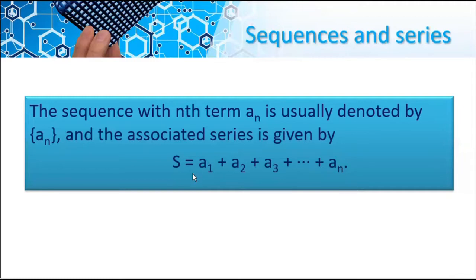So since we use plus sign in every sequence, pwede natin sabihin na ito ay isa nang series. Kaya ang ginamit natin ay letter S. So isa na rin siyang series, kasi kinukuha natin yung kanyang the sum of.